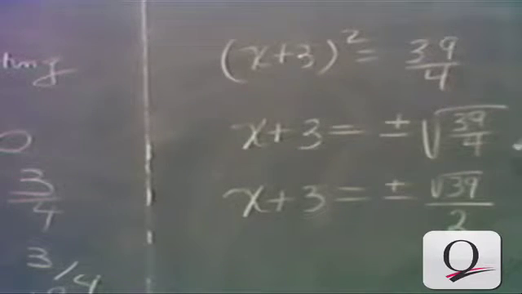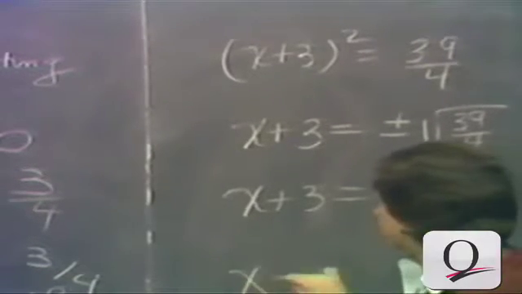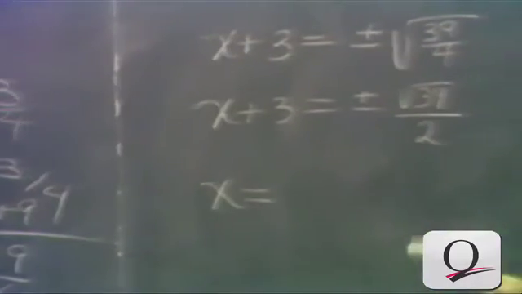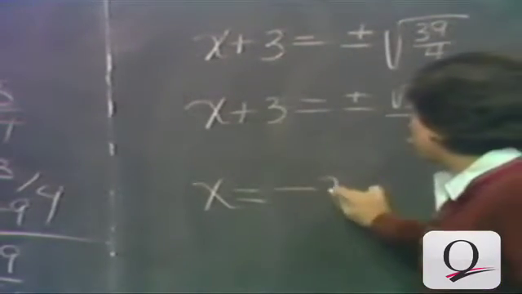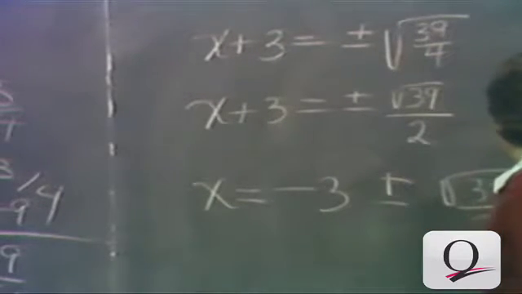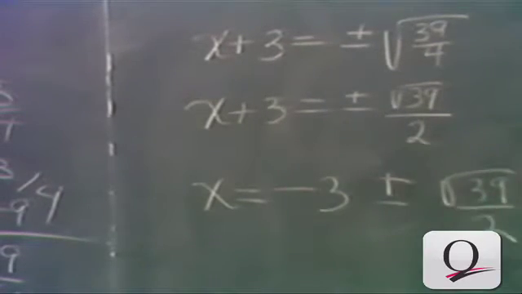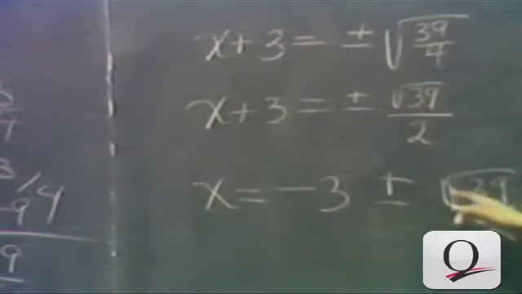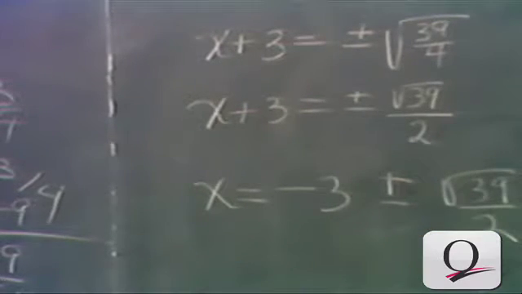The square root of 39 over 2. Now it's in simplest radical form. We then subtract 3 from both sides of the equation. x equals minus 3 plus or minus the square root of 39 over 2. Minus 3 plus the square root of 39 over 2, and minus 3 minus the square root of 39 over 2. Two solutions.